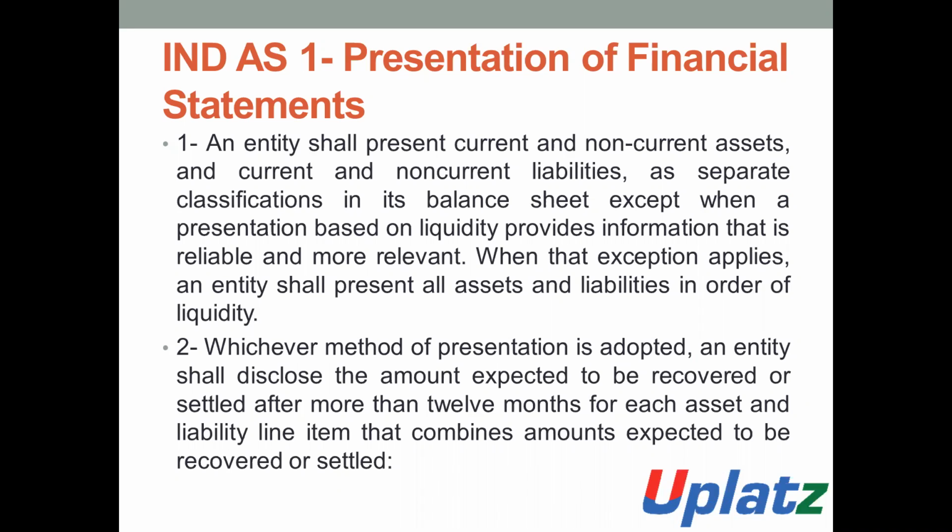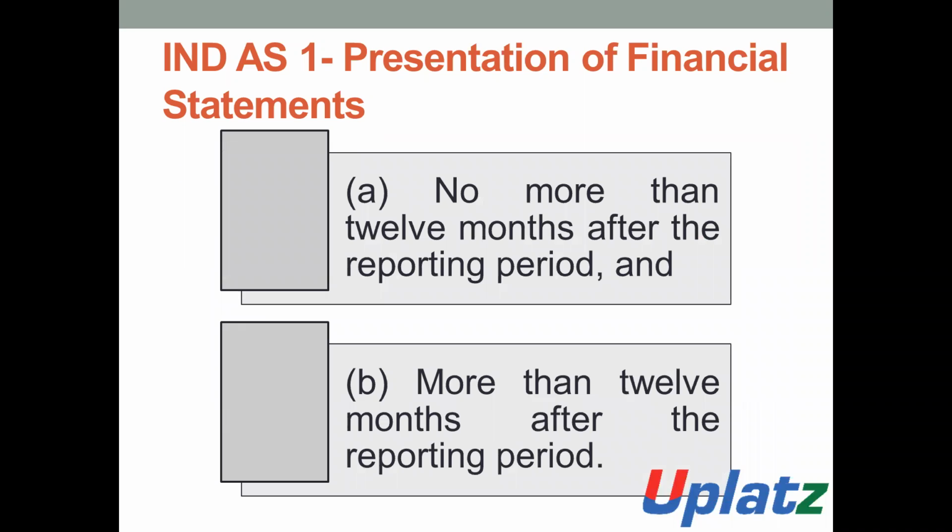That is, whichever method of presentation is adopted, the entity shall disclose the amount expected to be recovered in the case of assets, or settled in the case of liabilities, within not more than 12 months after the reporting period and more than 12 months after the reporting period.